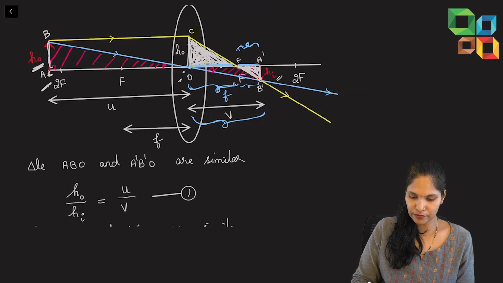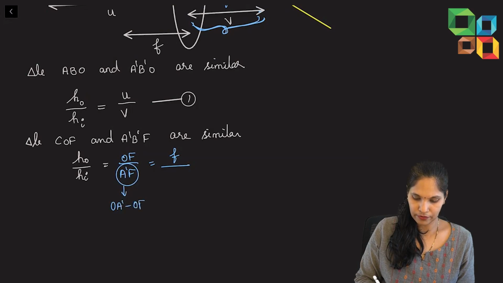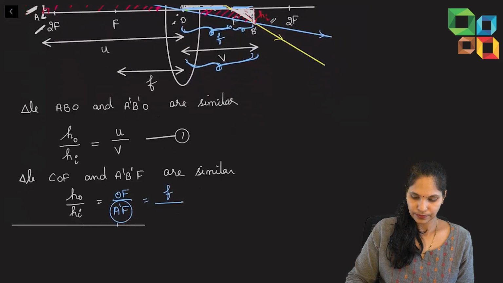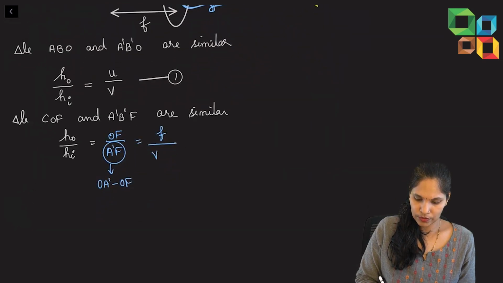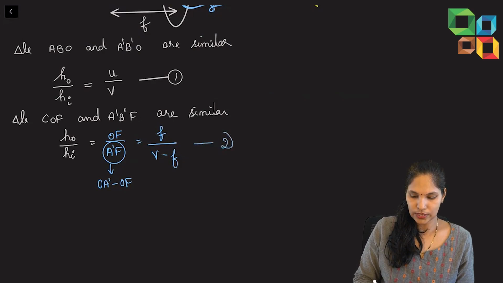So A dash F is this minus this, that is OA dash minus OF, which is nothing but V minus F. We get the second equation.